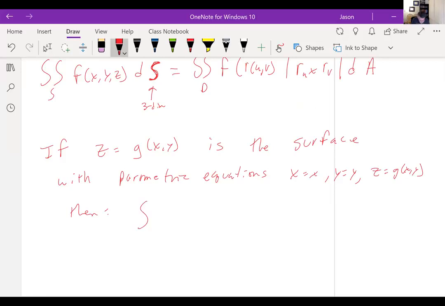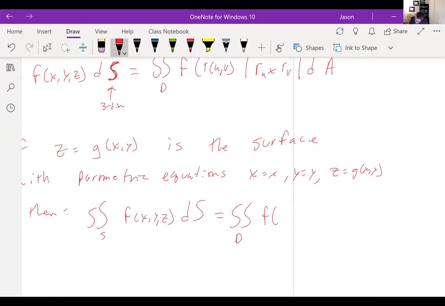Then we can say that the surface integral of f(x,y,z) dS is equal to the double integral of f(x, y, g(x,y)) times the square root of this thing. But we saw that this thing was just dS.